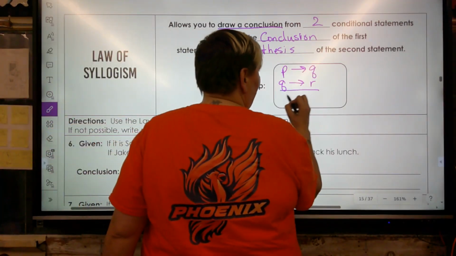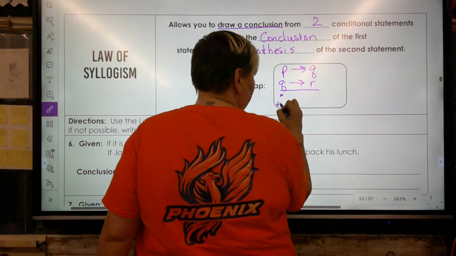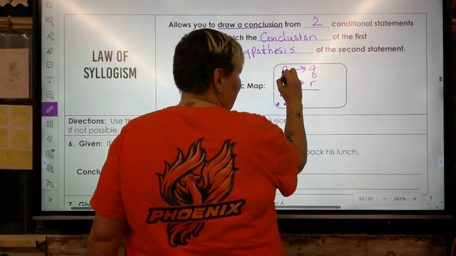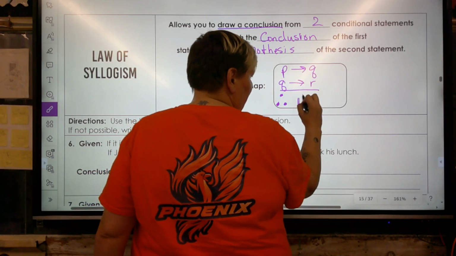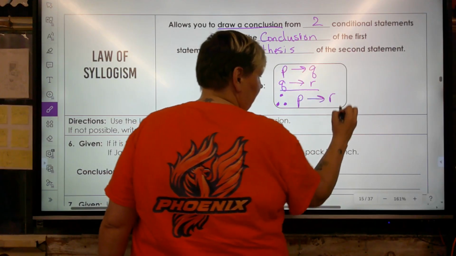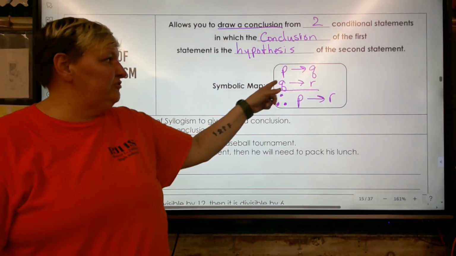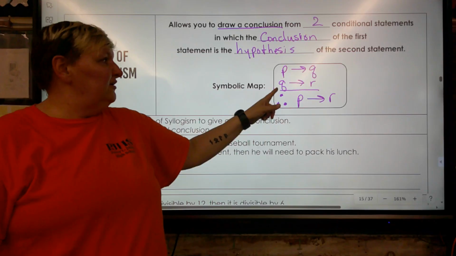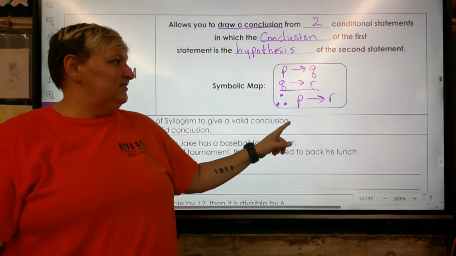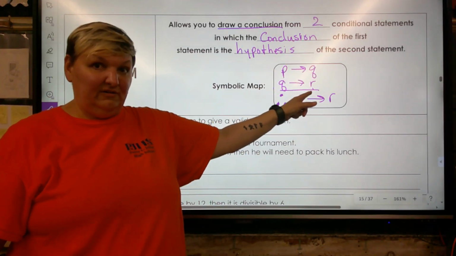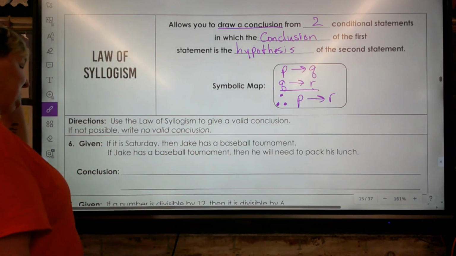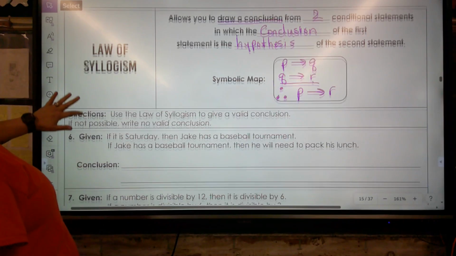Therefore, if P, then R. But the pattern is here. You see how it's Q, Q? So P, Q, Q, R, then it can become P, R. I know, it's insane. Work with me.